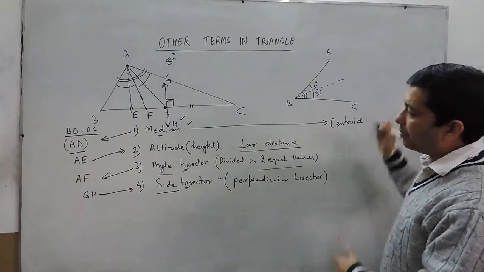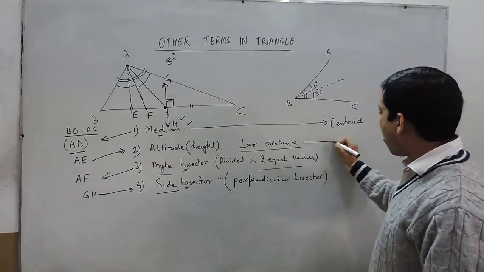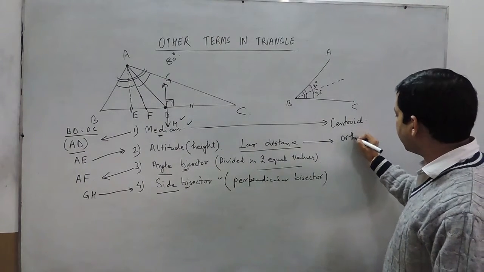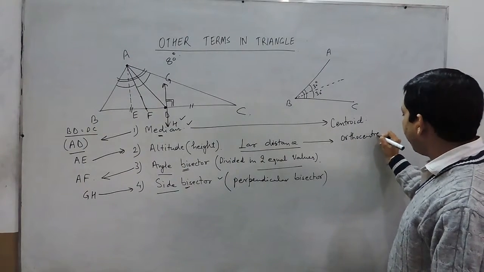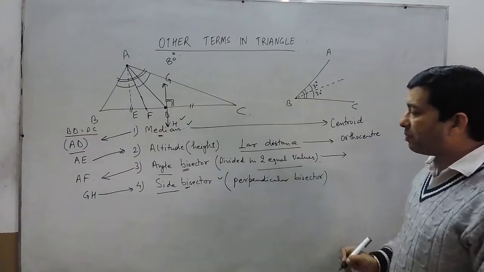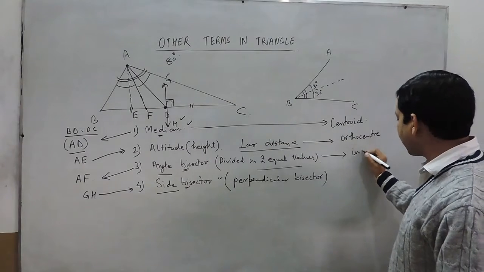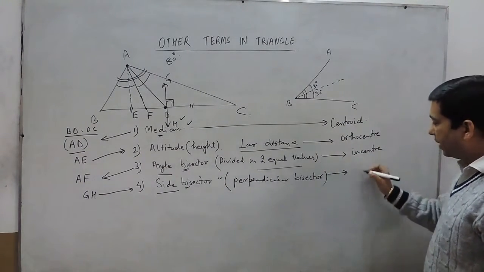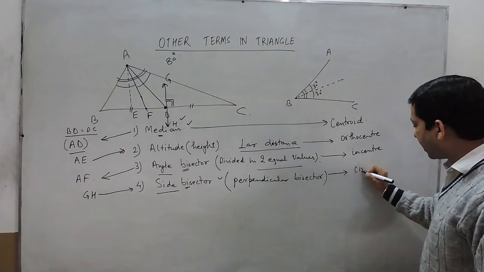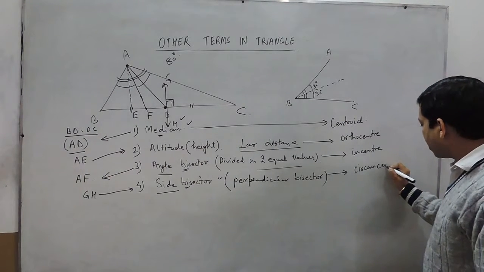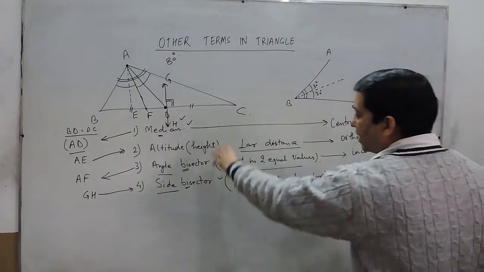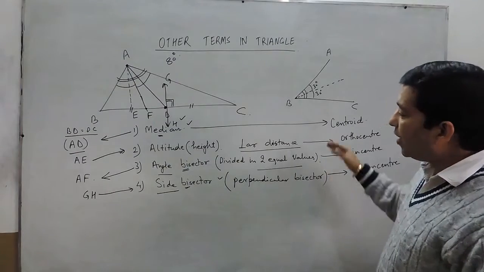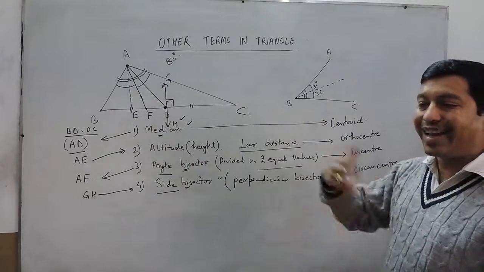Where all the medians meet is known as the centroid, where all the altitudes meet is the orthocenter, where all the angle bisectors meet is the incenter, and where all the side bisectors meet is the circumcenter. So these are the eight terms which we use in the case of a triangle, which we will define one by one in the next videos.